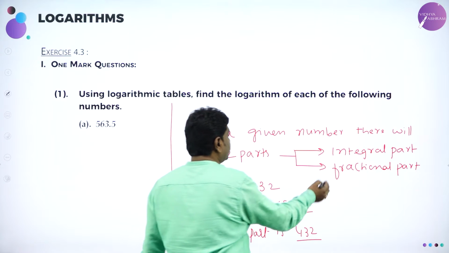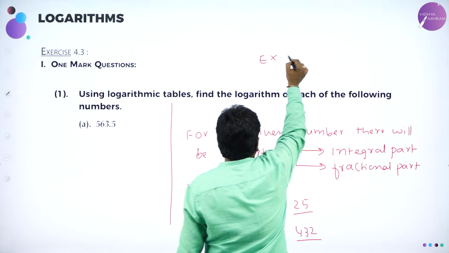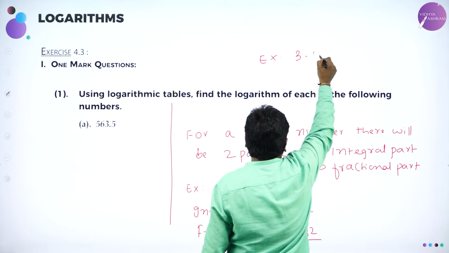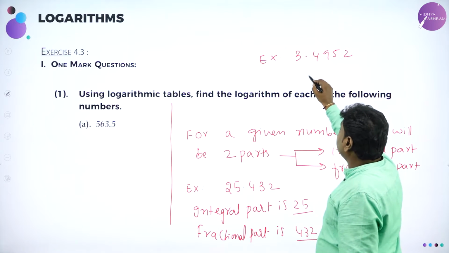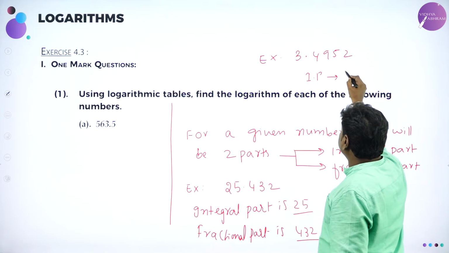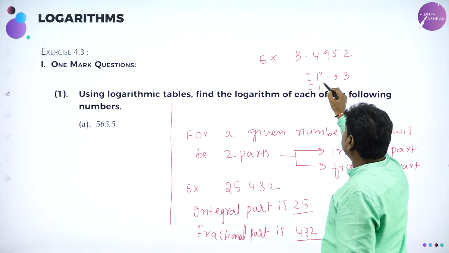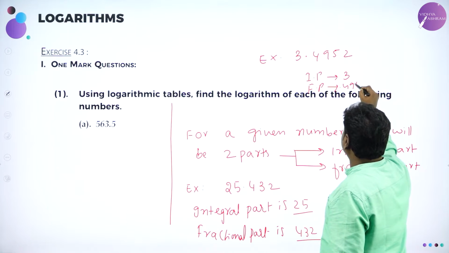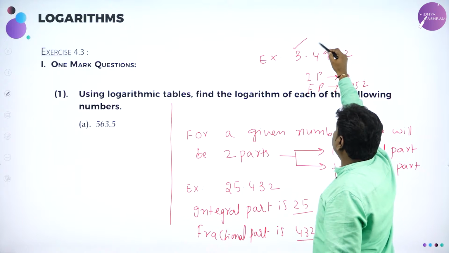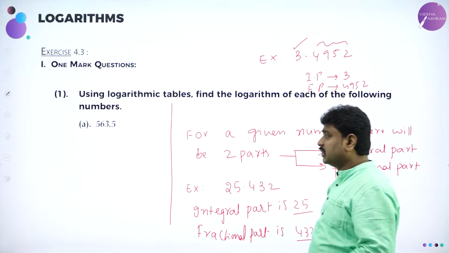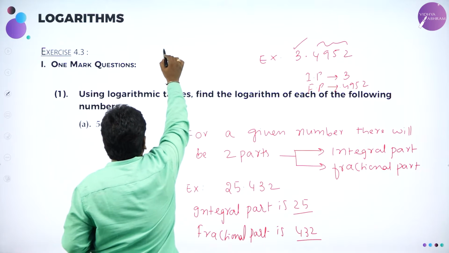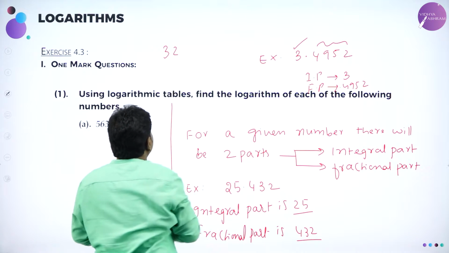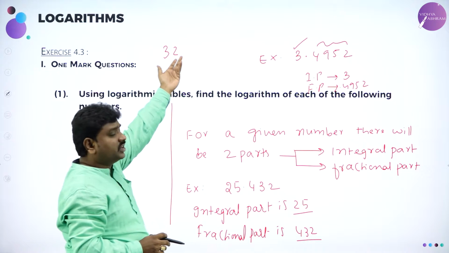For example, if they give a number like 33.495, the integral part is 33, and the fractional part is the decimal part, 0.495. This is the first point, you should make a note. Suppose if they give 32, here we don't have decimal.